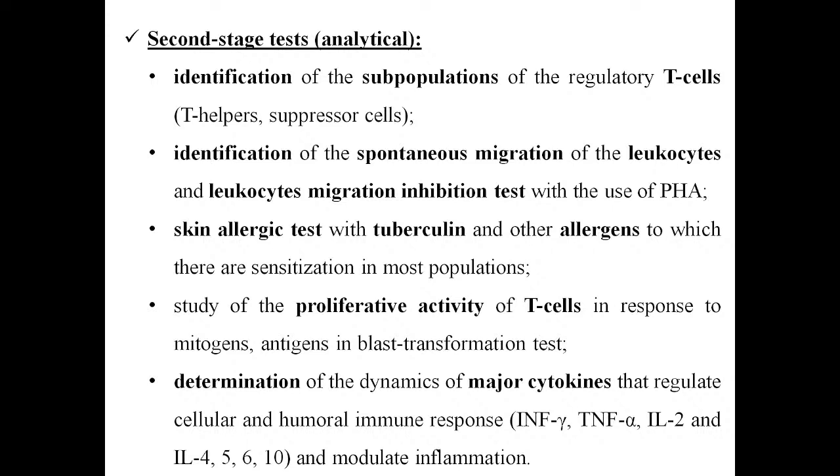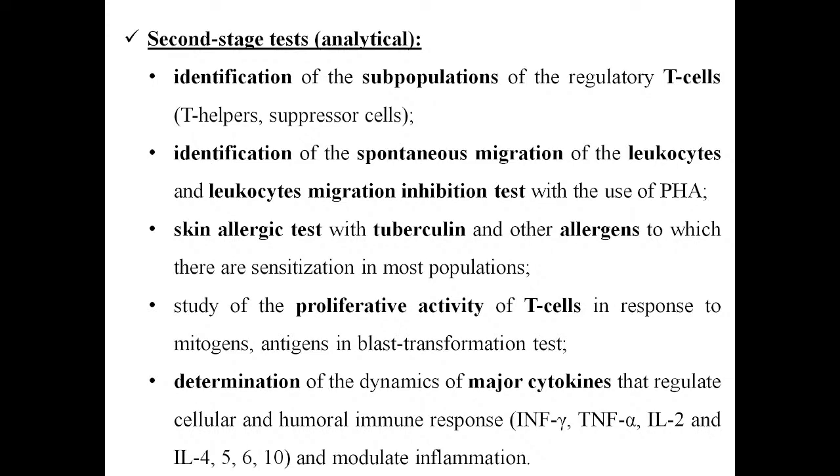In second, we detect how many T helpers, T killers, then T suppressors are present in the blood. The second test is identification of the spontaneous migration of the leukocytes and leukocytes migration inhibition test with the use of fetal hemagglutinin test. Don't be afraid, I will explain.